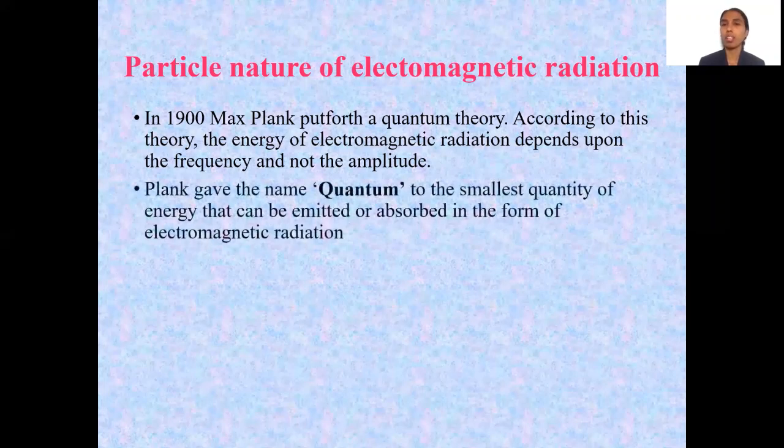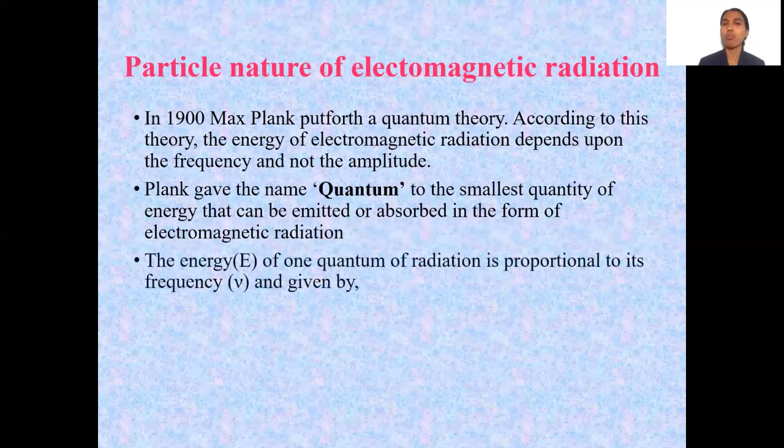Planck gave the name quantum to the smallest quantity of energy that can be emitted or absorbed in the form of electromagnetic radiation. That energy packet or energy bundle will be called a quantum.